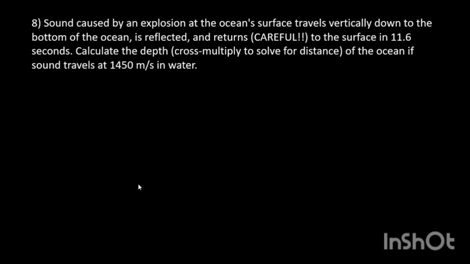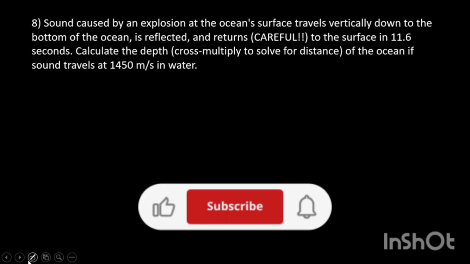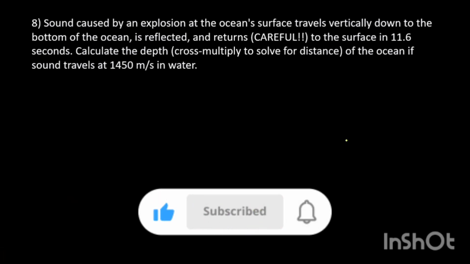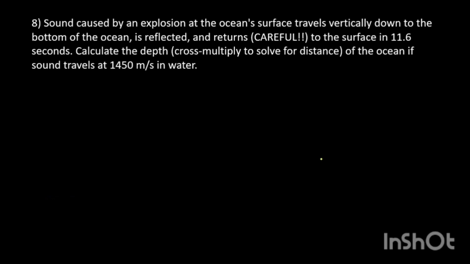It says that a sound causes an explosion. By the explosion, the ocean's surface travels vertically down to the bottom of the ocean, is reflected and returns to the surface in 11.6 seconds. So how can we think about it?